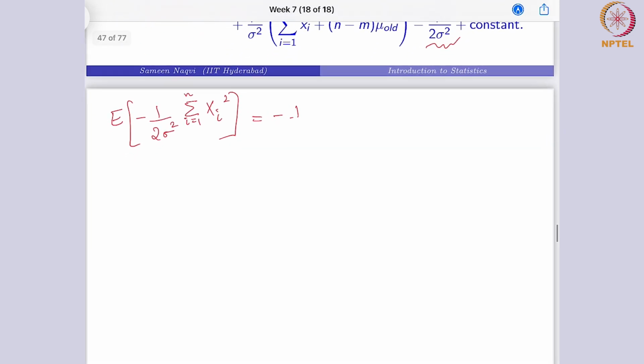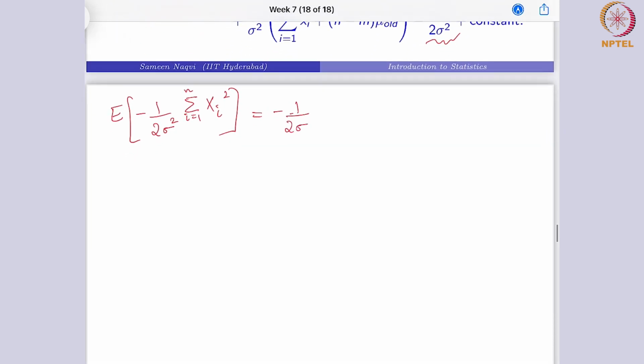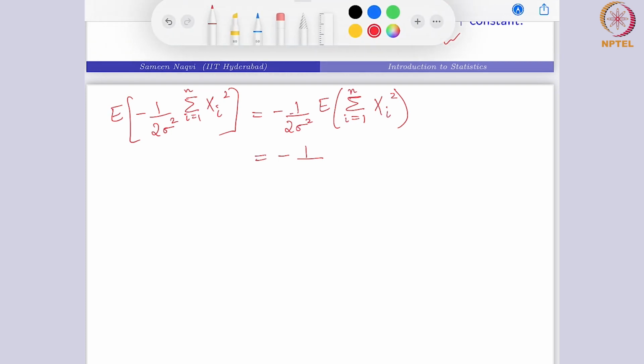So minus 1 by 2 sigma square times the expectation of summation xi square. Now it is the summation of n terms xi square, right? So let me just ignore minus 1 by 2 sigma square and move ahead with this term only.